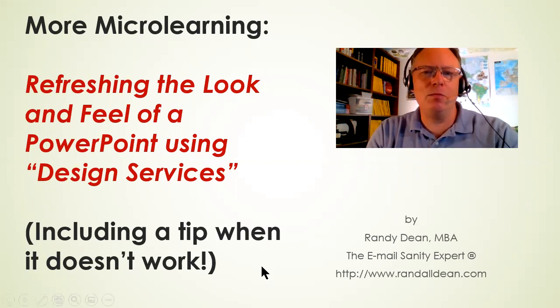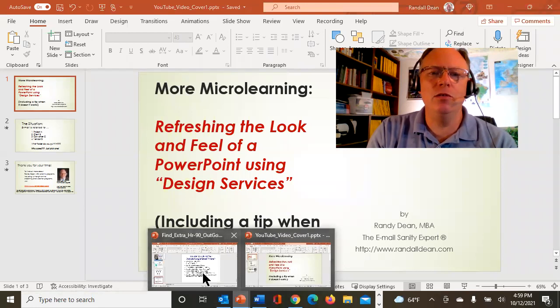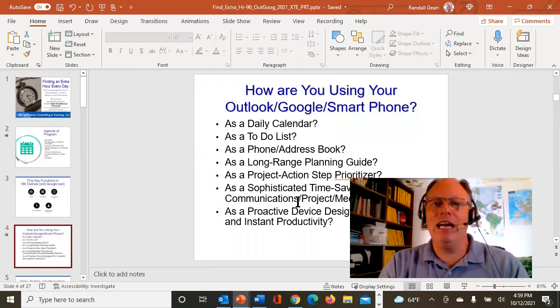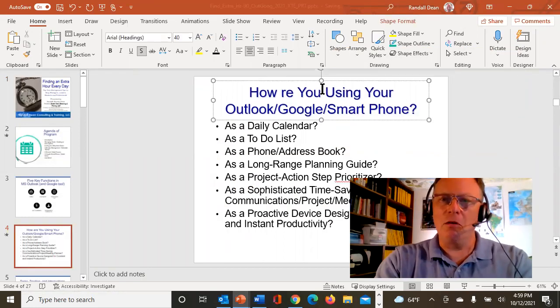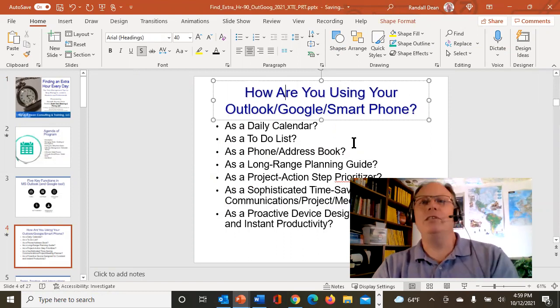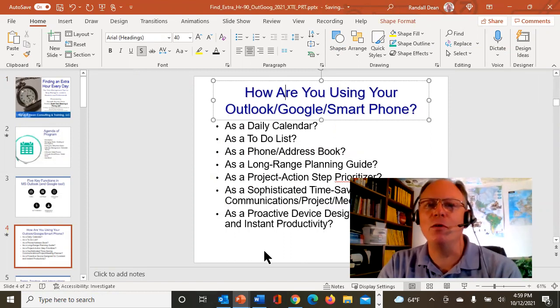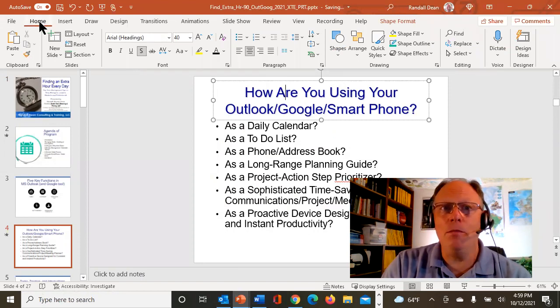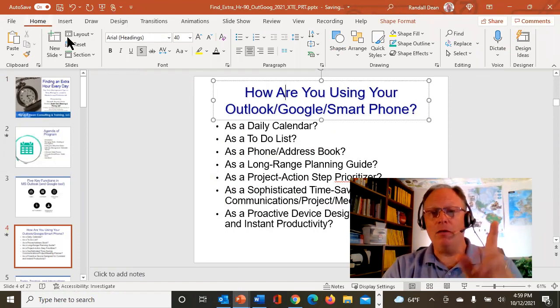So what I'm going to do is pop out of here and go into the PowerPoint that I was actually updating. And let me move myself out of the way here a little bit. As you can see, I have this slide. I'm going to fix that right now since I'm looking at it. How are you using your Outlook Google smartphone? And you'll see I got my little listing here. But notice from the Home tab, first, got to make a little watch out.